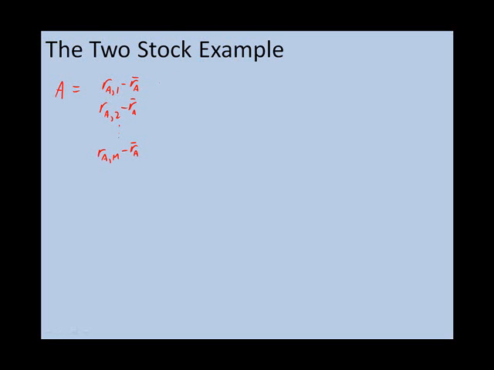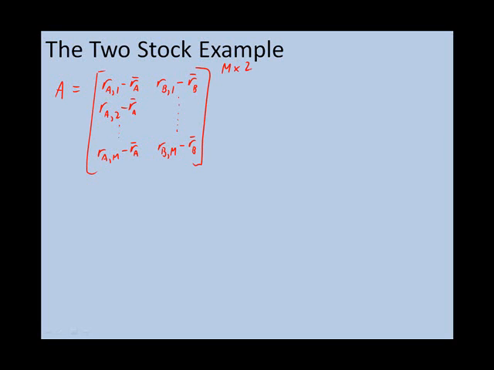The second column of matrix A will consider asset B at time 1 minus the mean, and this will also go through till we have observation M for asset B. There is our matrix A. Matrix A is an M by 2 matrix.